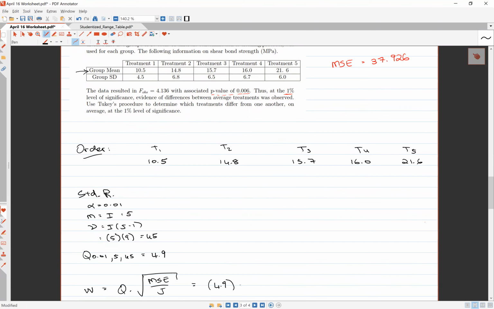So in this case, 4.9 times the square root of 37.926 over 10, which is 9.54. So let's figure out how far apart our treatment averages are from one another.